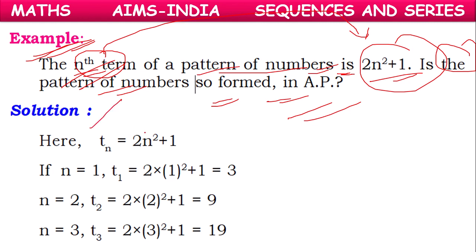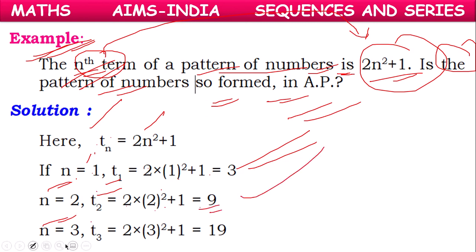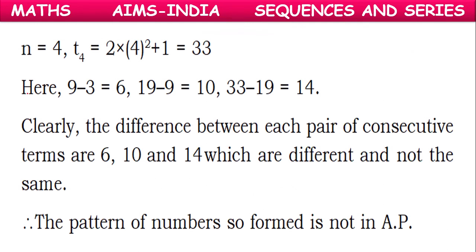The nth term is Tn equals 2n square plus 1. If we keep n as 1, we get T1 equals 2 into 1 square plus 1, which is 3. For 2, T2 is 2 into 2 square plus 1, equal to 9. For 3, T3 is 2 into 3 square plus 1, equal to 19. For 4, T4 is 2 into 4 square plus 1, equal to 33.